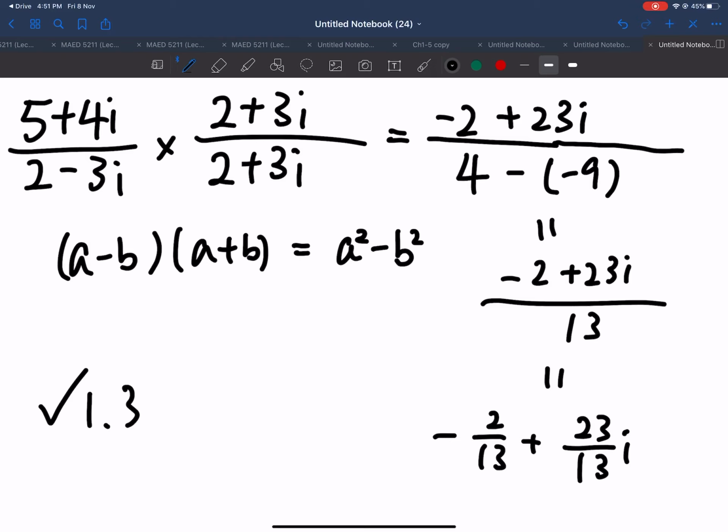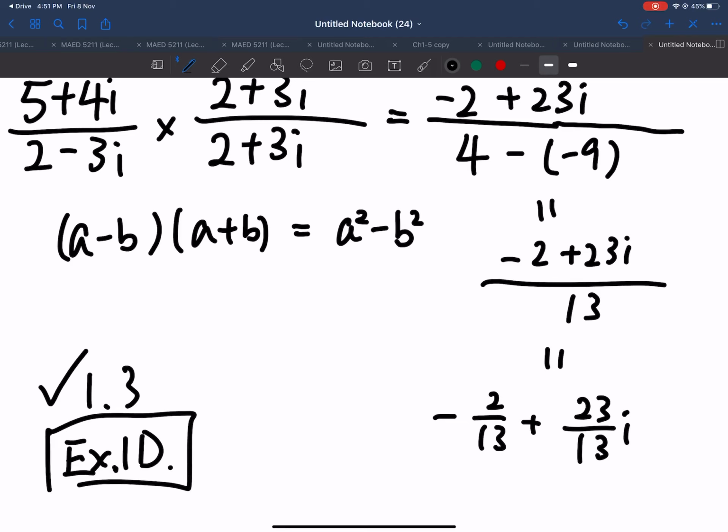You need to do some exercise in 1D in the textbook, so you can check if you can practice and understand these things.